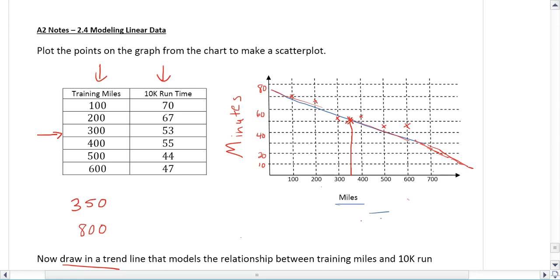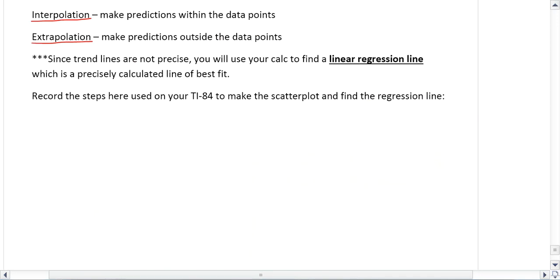And common sense speaking, it would have to be no, because just training them more doesn't mean the run time is going to keep getting faster and faster. Human beings do have a limit. So a conclusion you could draw is that when you are inside the data with interpolation, this would be much more accurate.